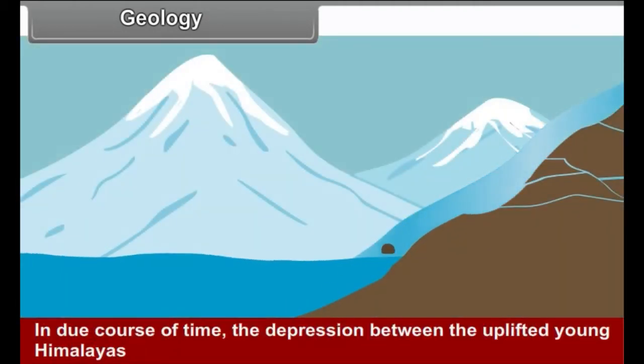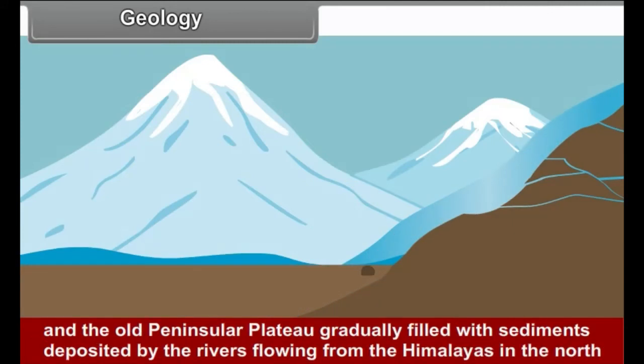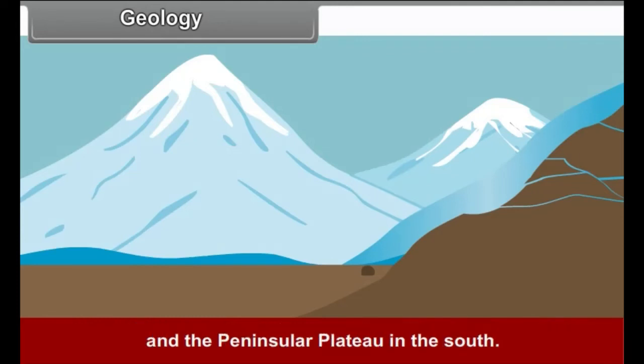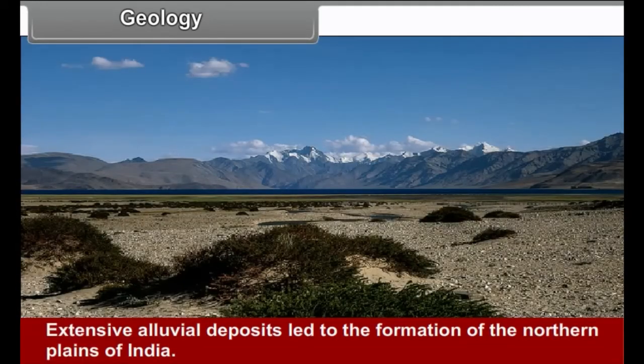In due course of time, the depression between the uplifted young Himalayas and the old peninsular plateau gradually filled with sediments deposited by the rivers flowing from the Himalayas in the north and the peninsular plateau in the south.